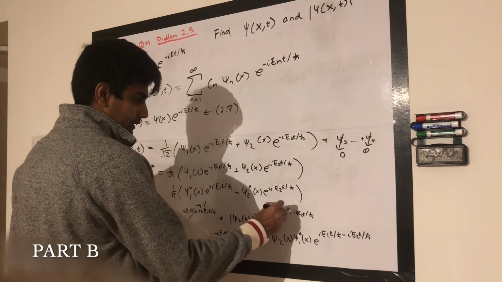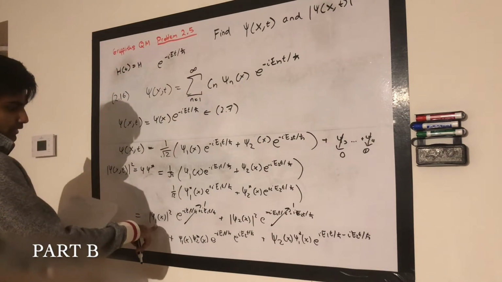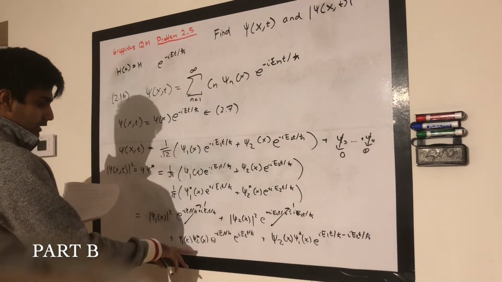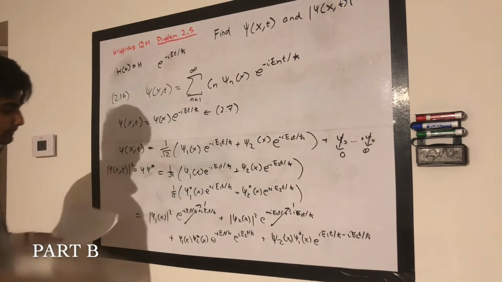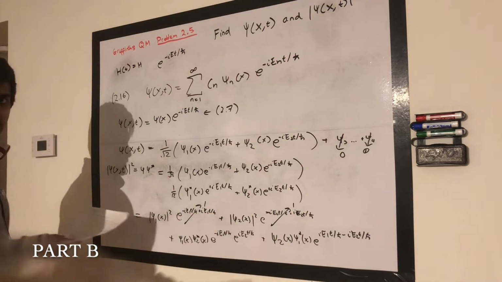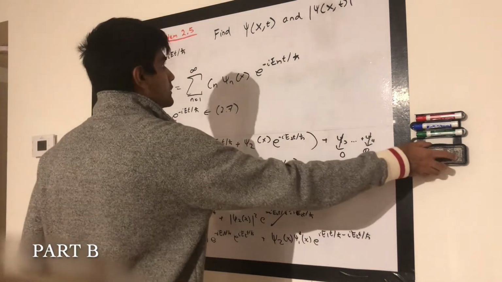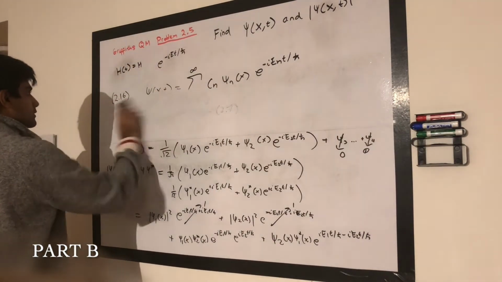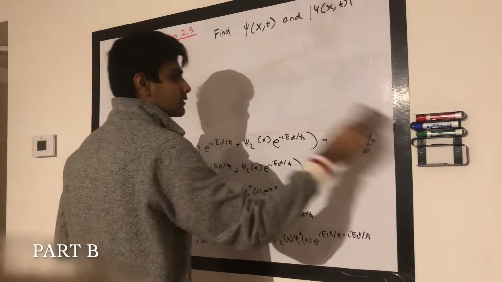These two terms cancel out, so that just goes to 1. So we get psi 1 of x squared plus psi 2 of x squared, and the cross terms with exponentials that don't cancel out to 1. So I'm just going to cross this part out.